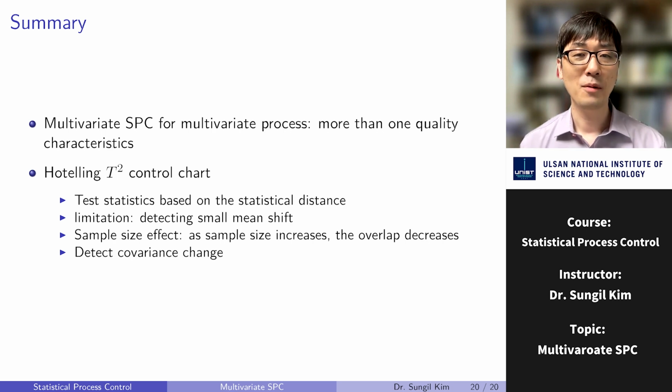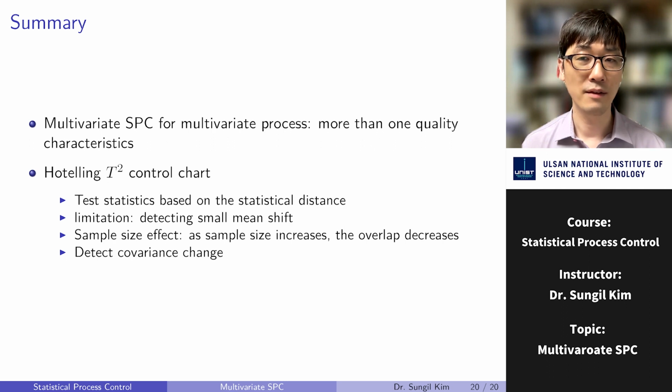Okay, let me summarize today's lecture. Today we talked about multivariate SPC for multivariate processes, where there is more than one quality characteristic. Among multivariate control charts, we learned the Hotelling's T-square chart, whose test statistic is motivated by the statistical distance.